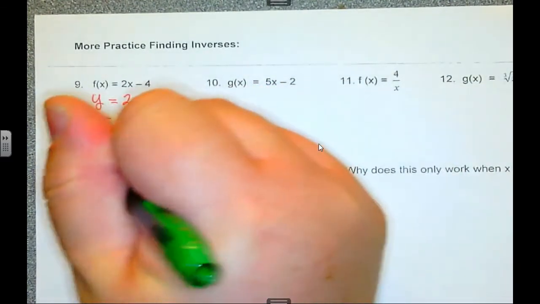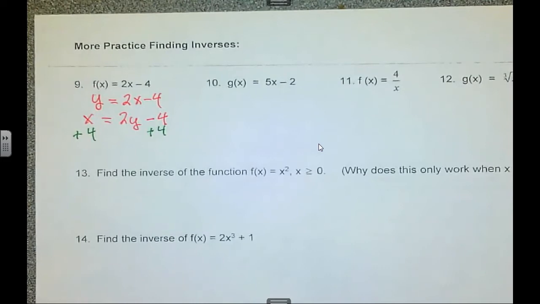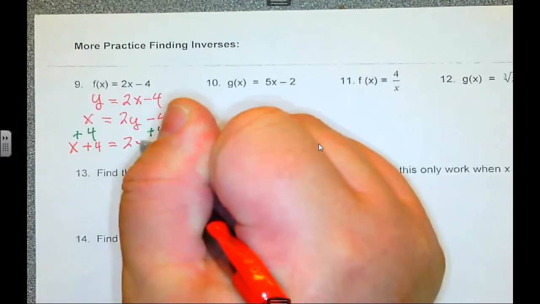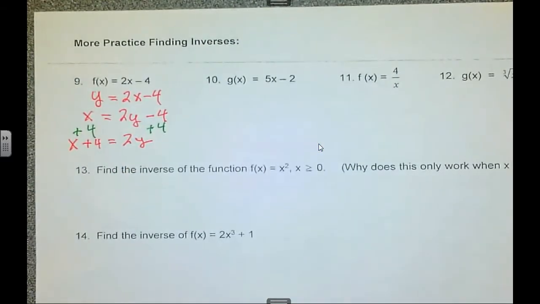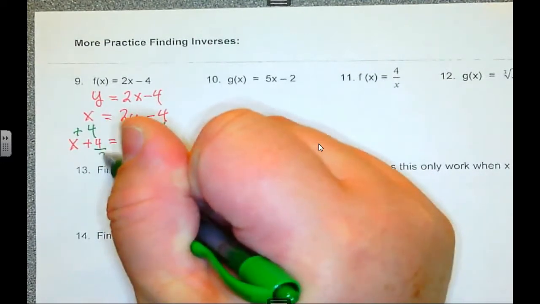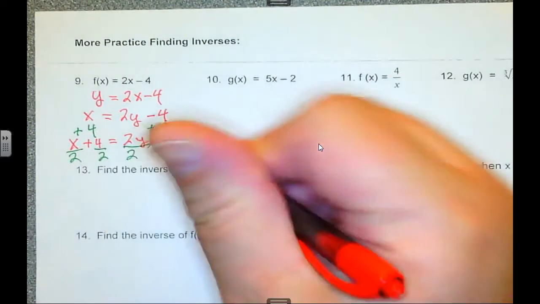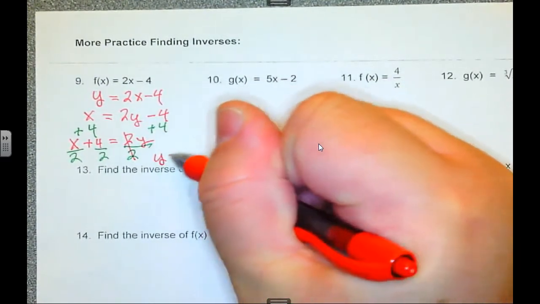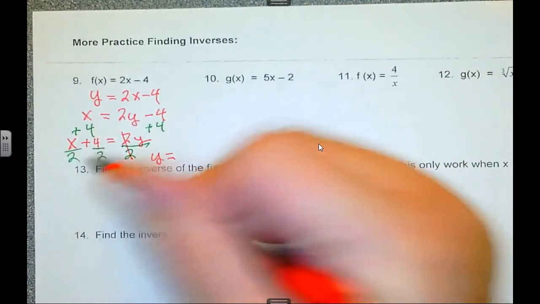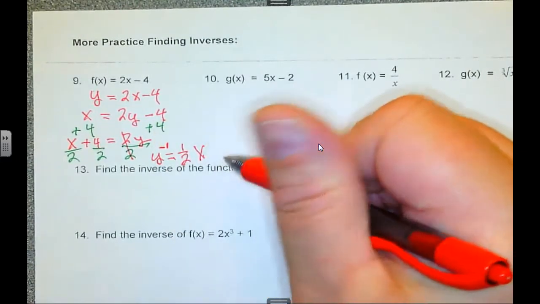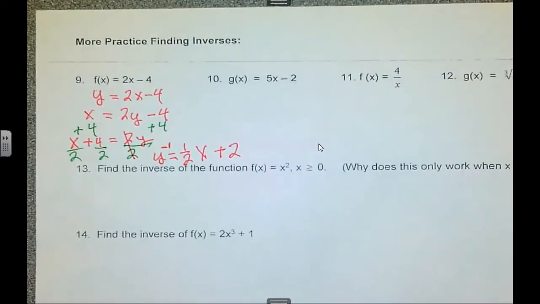Add 4 to both sides. Divide every term by 2. So my y is going to equal 1/2 x plus 2, and it's now my inverse function.